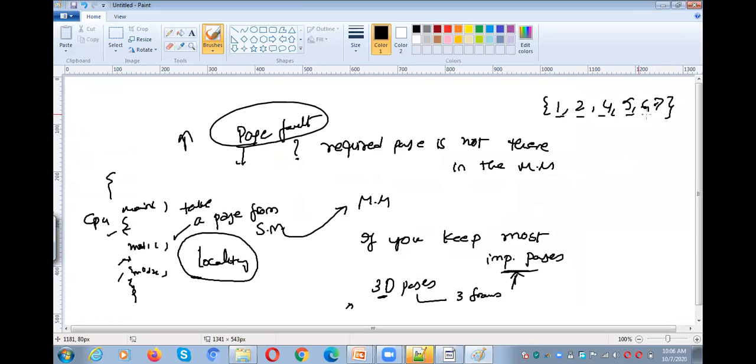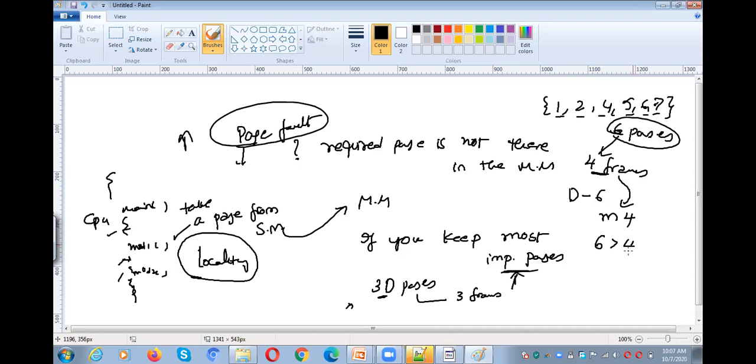So the total number of pages you need to keep in the main memory is 6, but you are allocating only 4 frames to that process. The demand is 6, but the available frames are only 4. That means 6 is greater than 4, so demand is more than the availability of frames. D is more than the available memory frames, right?